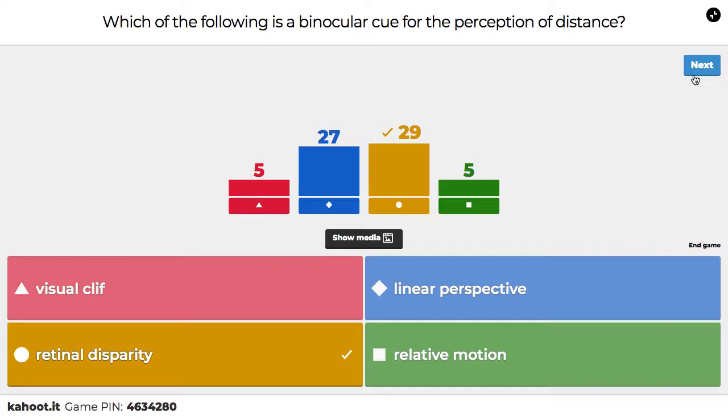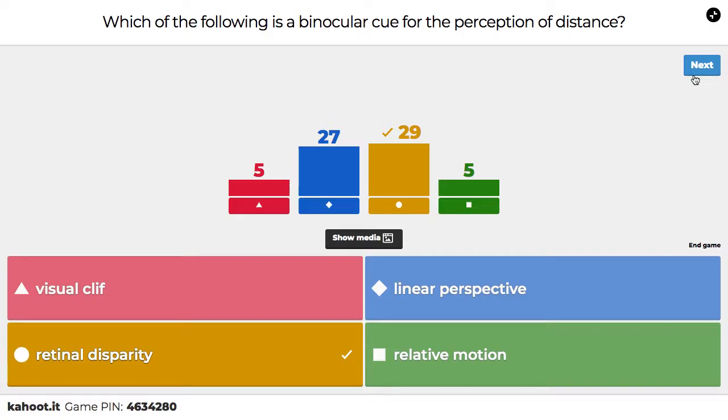There is only one binocular cue listed on here, and that's retinal disparity. Retinal disparity and convergence are the two binocular cues. If I close my left eye and block the yellow, then when I close my other eye, my thumb appears to move. That's because there is a distance between my retinas.